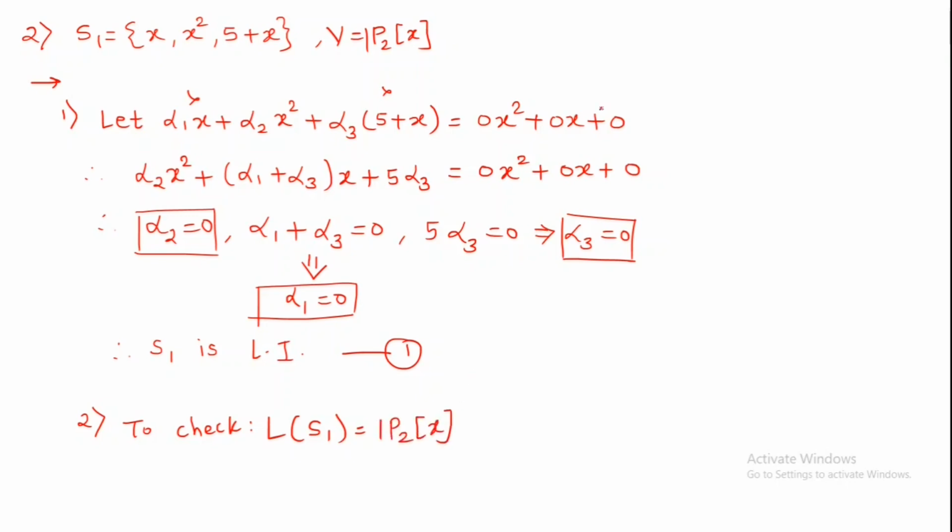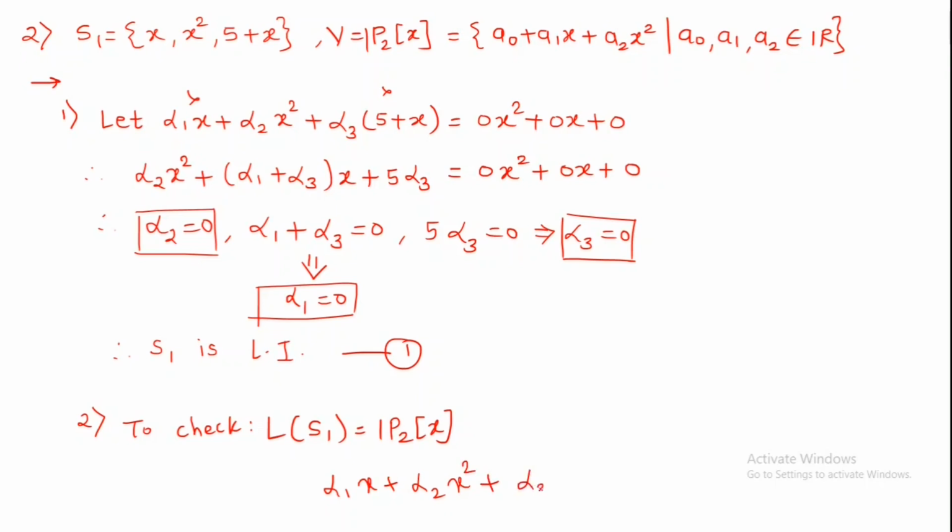Elements of P2 of x look like a0 plus a1x plus a2x square, where a0, a1 and a2 belong to R. A linear combination of elements of S is alpha 1 x plus alpha 2 x square plus alpha 3 (5 plus x), and we want it to equal a0 plus a1x plus a2x square.